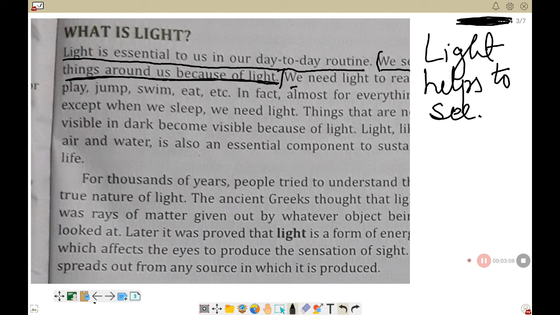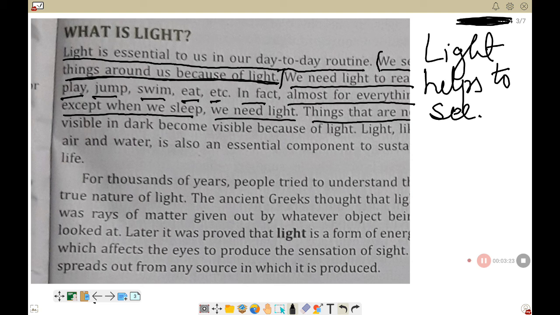Let's follow the book. We need light to read, play, jump, swim, eat, etc. In fact, almost for everything except when we sleep, we need light. So things that are not visible in dark become visible because of light. So we are able to see things, okay, because of presence of light.